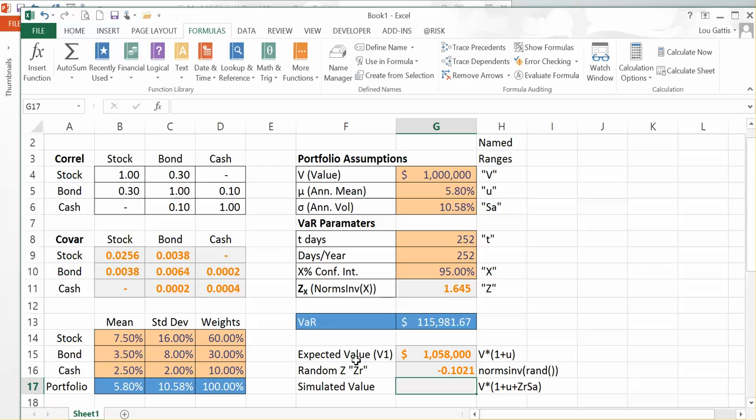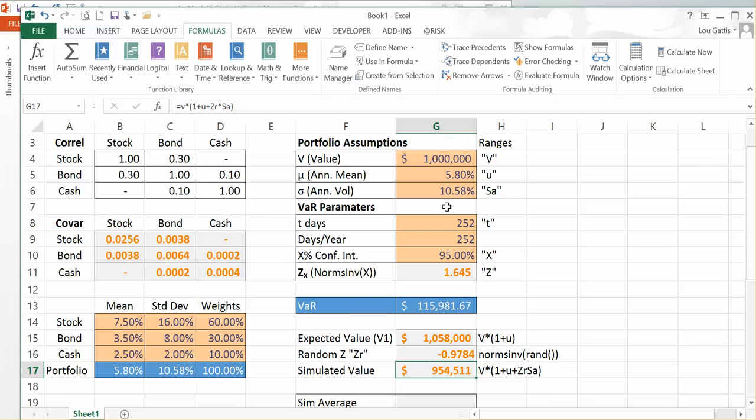But when I simulate portfolio values, V times 1 plus the mean again, plus a random shock of Z times my standard deviation, SA, I now get, well, in that case, one random number. I hit F9. Now every time I hit F9, I get a random variable, Z. And every time I get a random variable Z, it updates my simulated value.